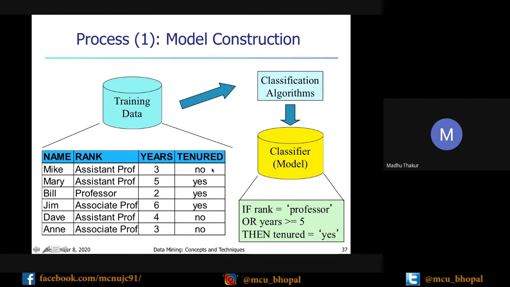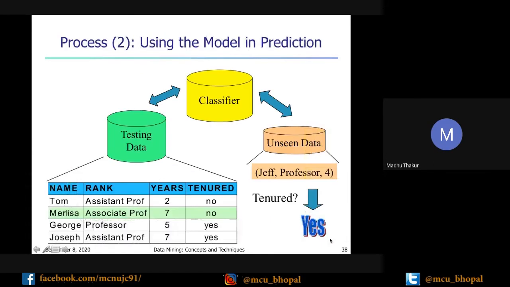Then similarly another record, then a third record, and finally through your training you can make some rules, like if rank is equal to professor or years greater than 5, then that record will go to the yes class. In a similar way you can build the model.